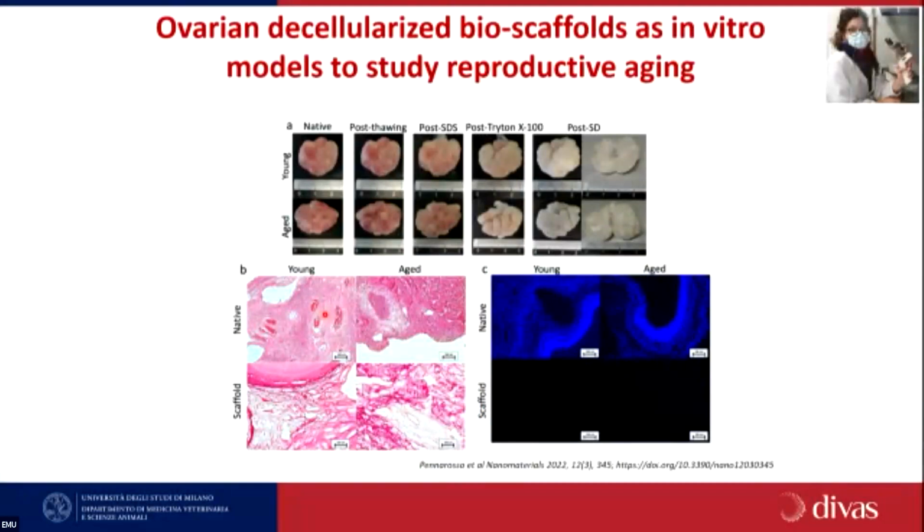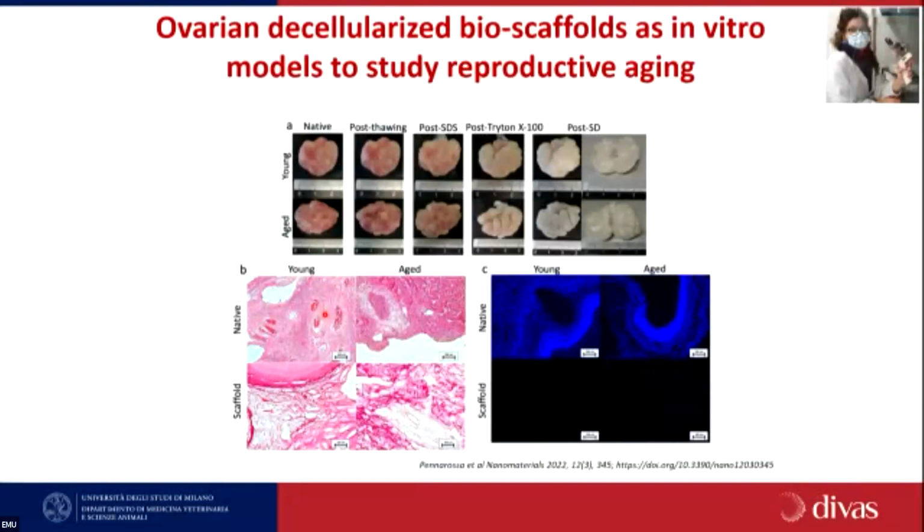It is about aging, and Teresina De Iorio, who is also a PhD in my lab, is working on ovarian bioscaffolds, comparing the differences in scaffolds obtained from aged ovaries and young ovaries. This is related to all the information we need about changes in lifestyle, especially in women, and everything related to reproductive aging.